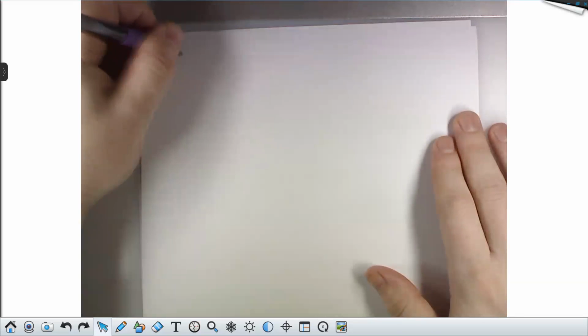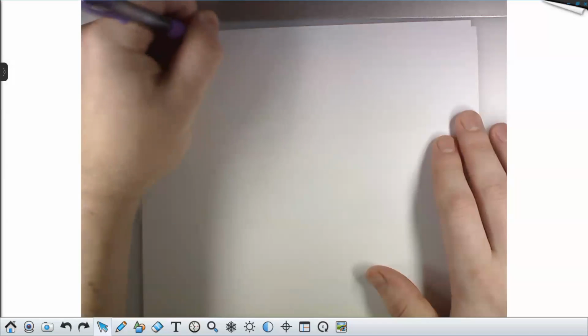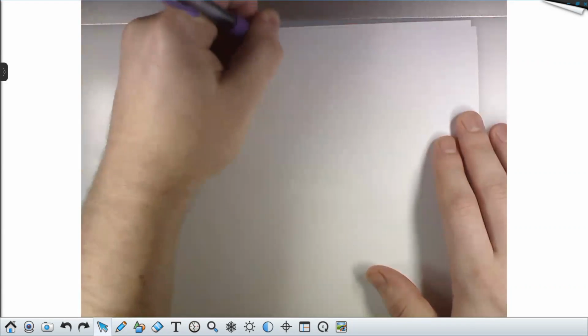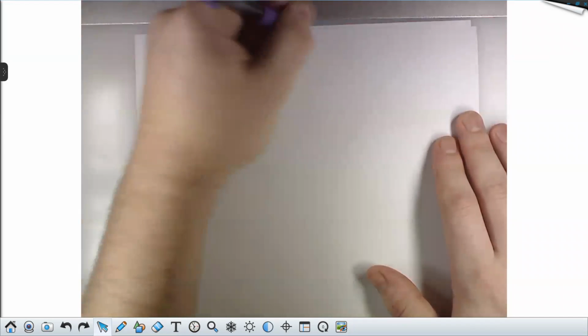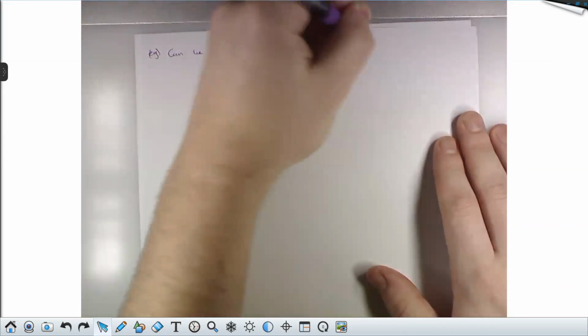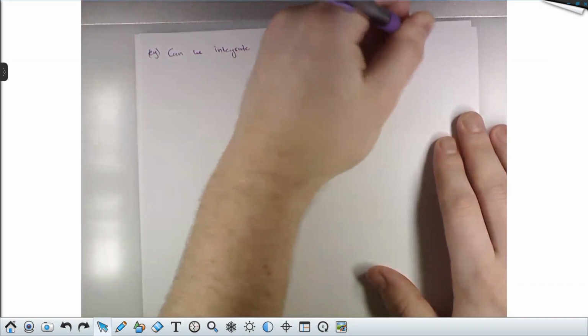So can we integrate f of x equals 1 over x squared from x equals -1 to x equals 1?